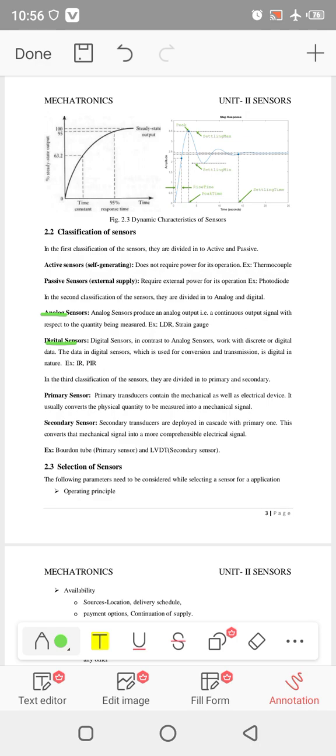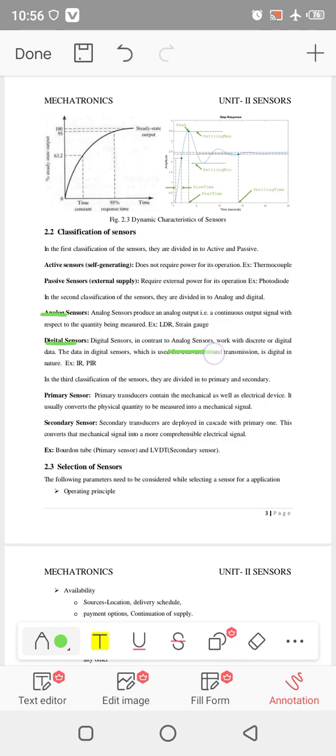An analog sensor produces analog output. This means it can have infinite or continuous output signals, with continuous or infinite points. The digital one has only discrete, on-off, or finite output.